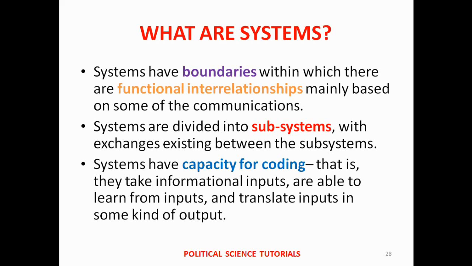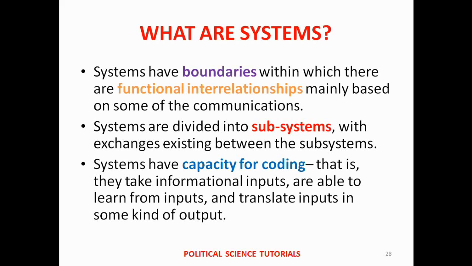Second point is, as the first point mentioned the concept of boundary, again a system within the boundary is divided into subsystems, and there are also exchanges of activities and communication between subsystems.